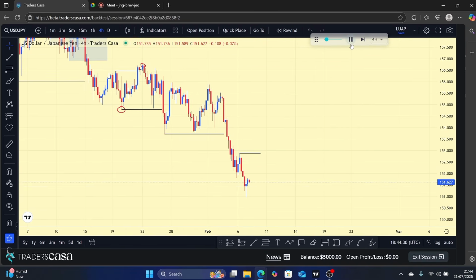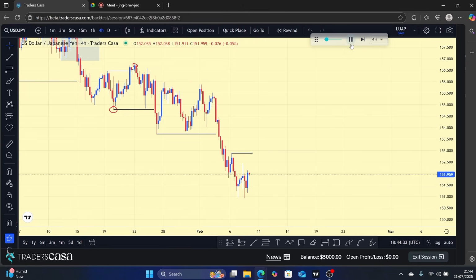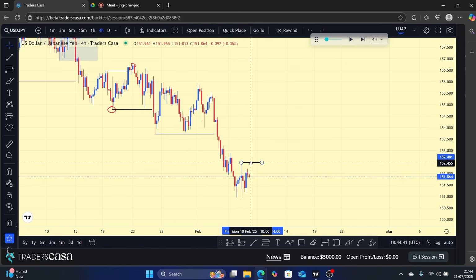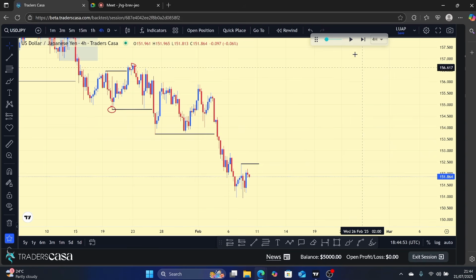So I'll continue running price, and I can clearly see that this here is also a break. So this means that our major inducement is actually there. All right, this is the high there. So if price takes that high, then of course our inducement is taken out, and we can now start marking the POIs.